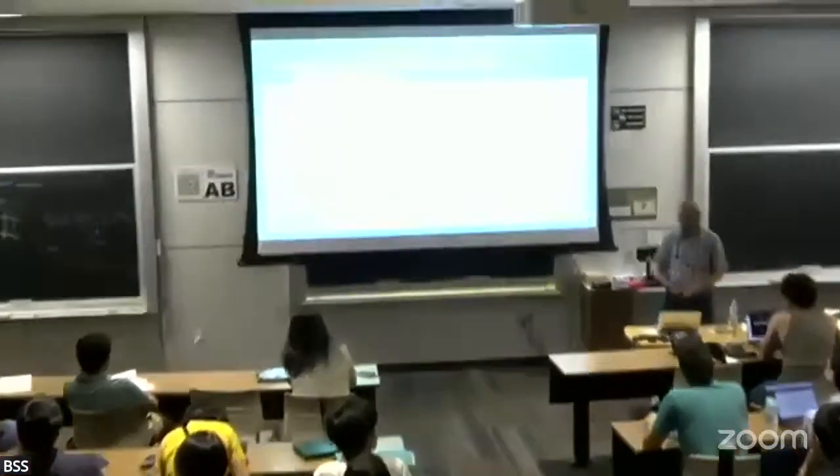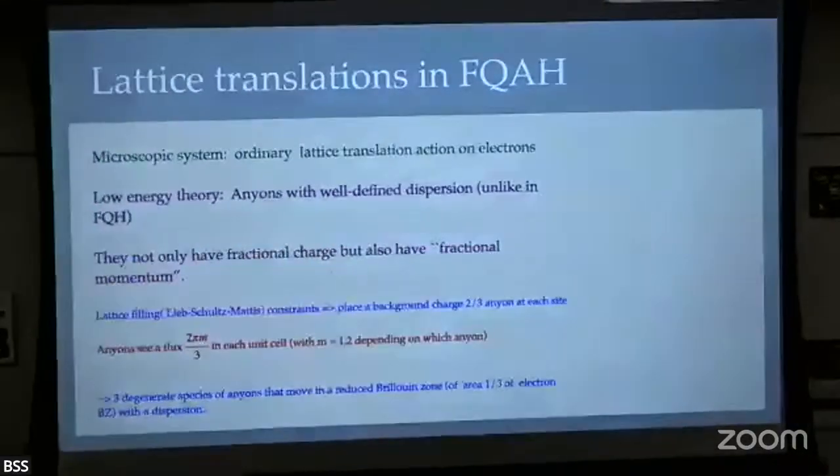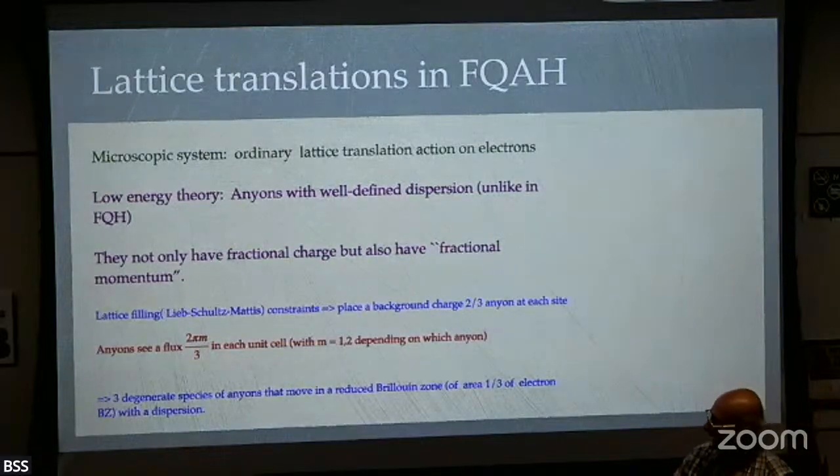Now the band structure of an anyon as an excitation in this state: the universal feature is that it transforms projectively. It has these projective phases under lattice translations, corresponding to a rational flux through each unit cell. So clearly, if you go to 3 unit cells, there is no net flux.